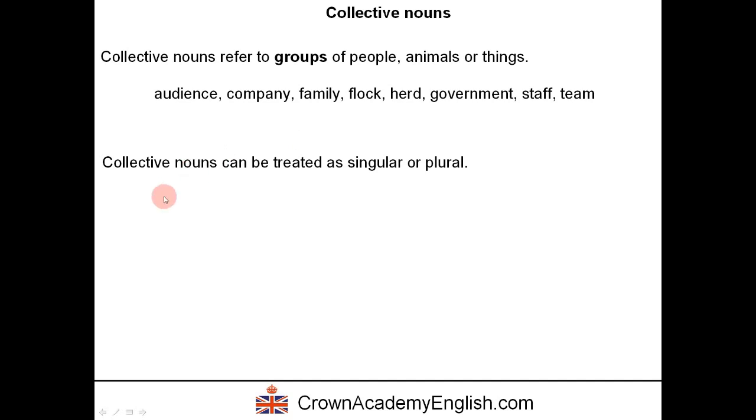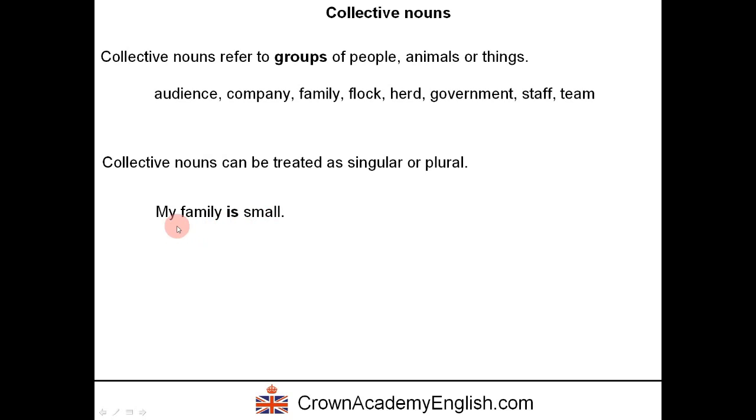Now, this is where it gets a little bit complicated. And if you want me to do a separate lesson, a separate video about this, then tell me in the comments, because in this video I only talk about it very briefly. So collective nouns can be treated as singular or plural. It depends on the context.